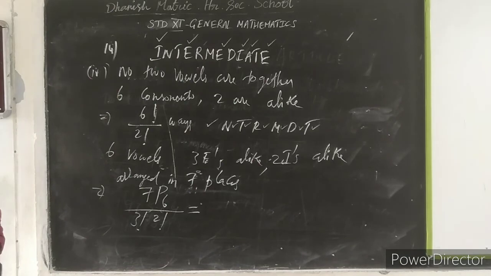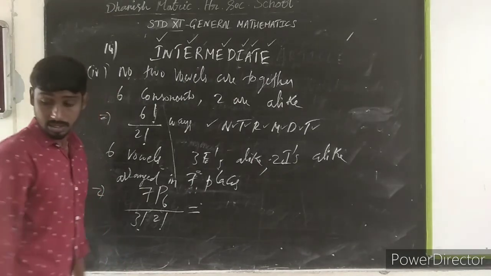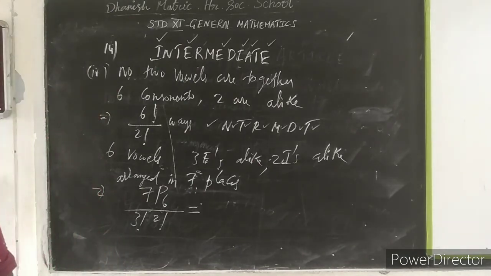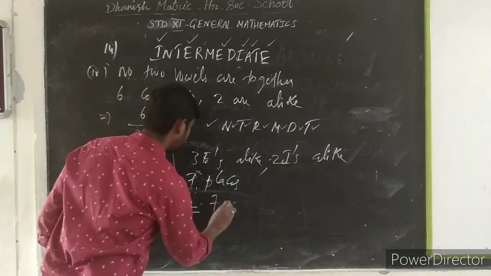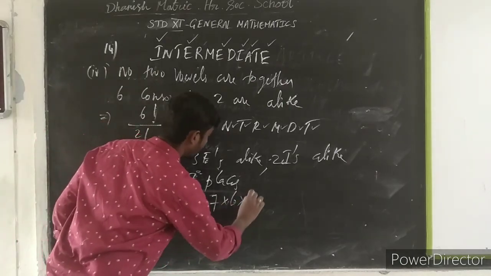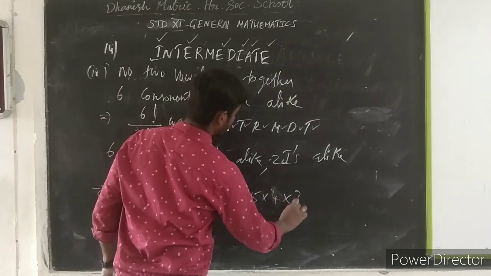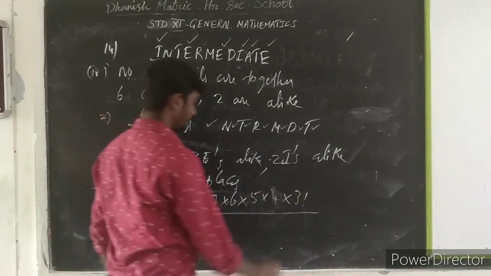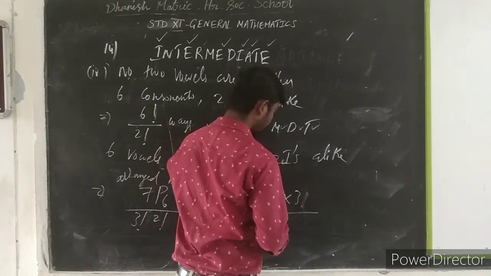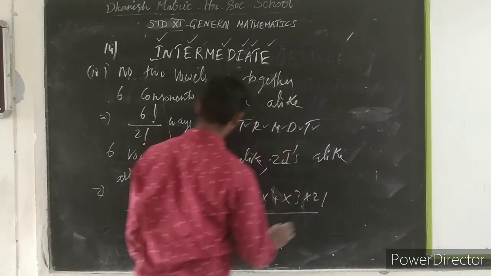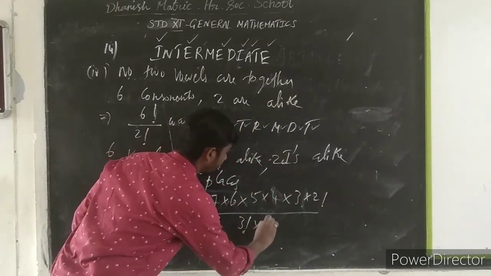So now we write it like this: 7 permutation of 6 means 7 into 6 into 5 into 4 into 3 factorial, divided by 3 factorial into 2 factorial.